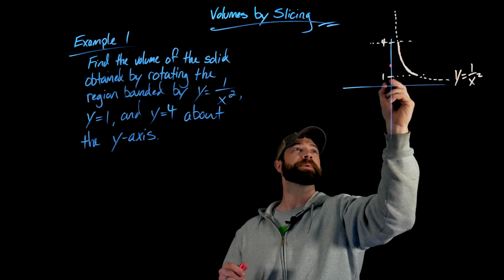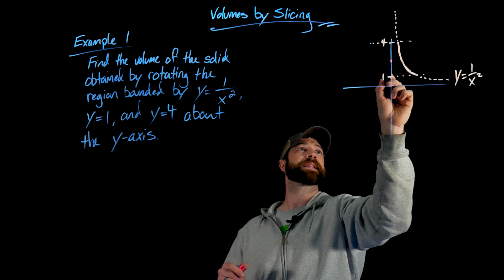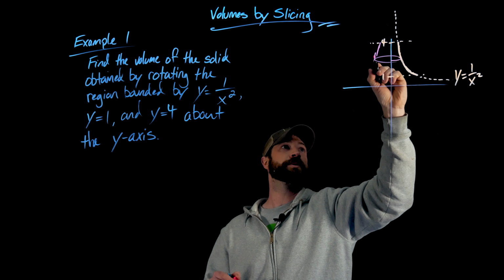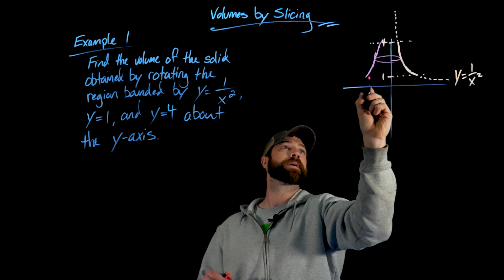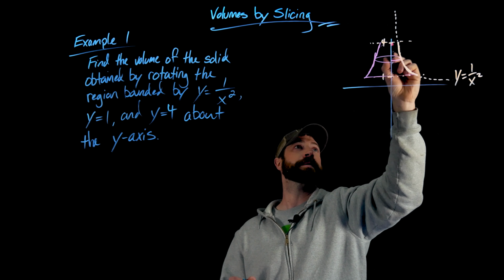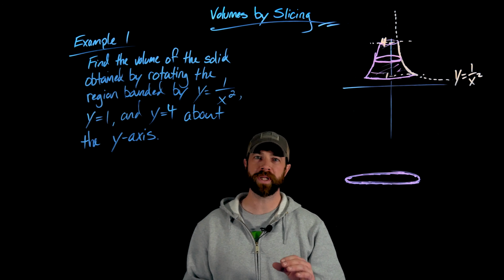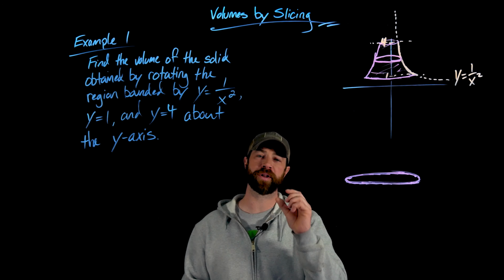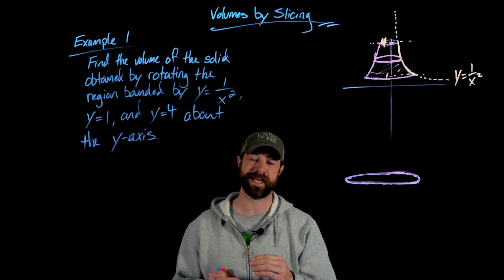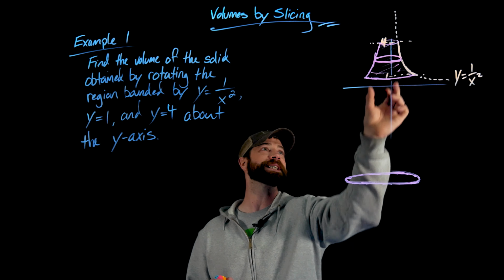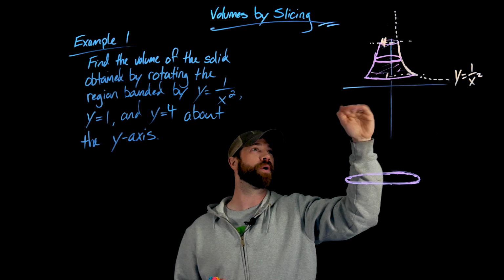Generally speaking, I'm going to take this, rotate it around right here, and it will create this shape right here. Importantly in this case, we have cross sections that are again disks, just like Julian's example. But in this case, we have disks that are lying flat, horizontal.